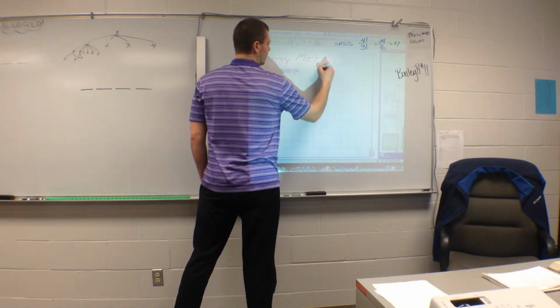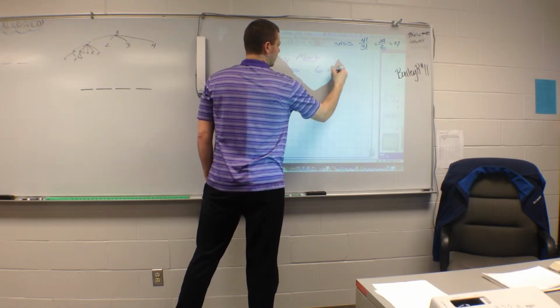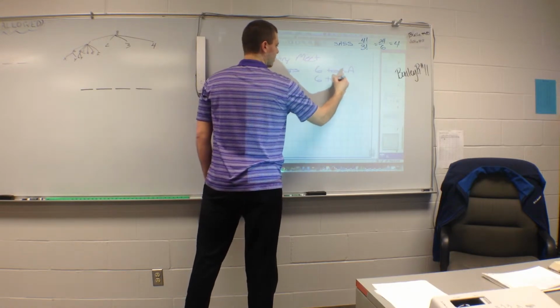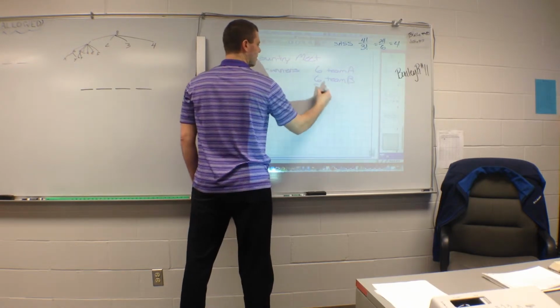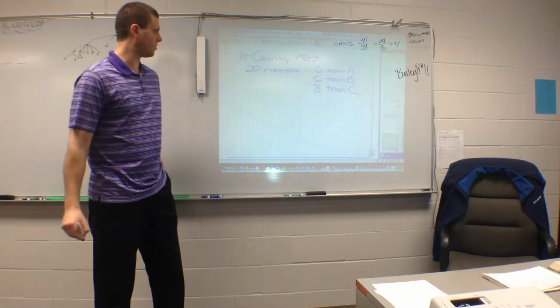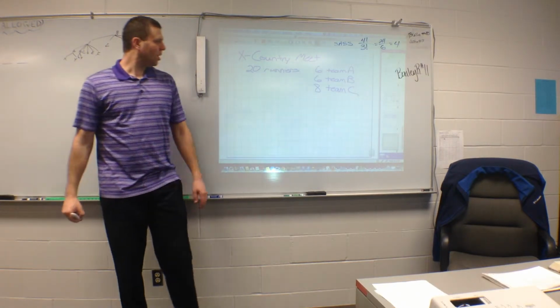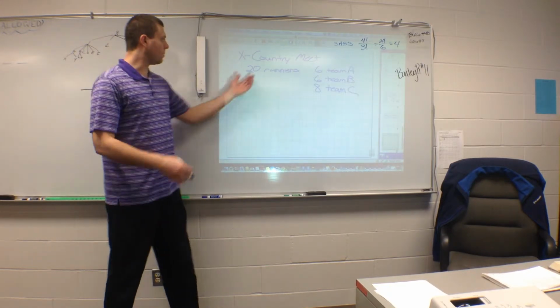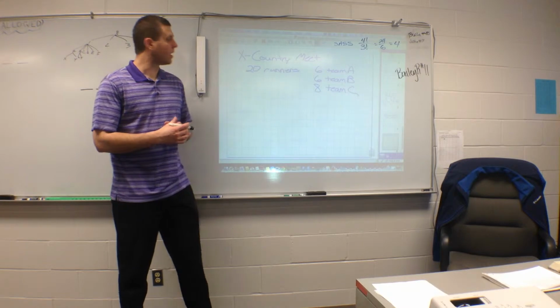Let's say there's 6 from team A, there's another 6 from team B, and then there's 8 from team C. Okay, that makes 20. So you got 3 teams running this cross-country meet, small meet, I know. But anyway, only 20 runners running, okay?